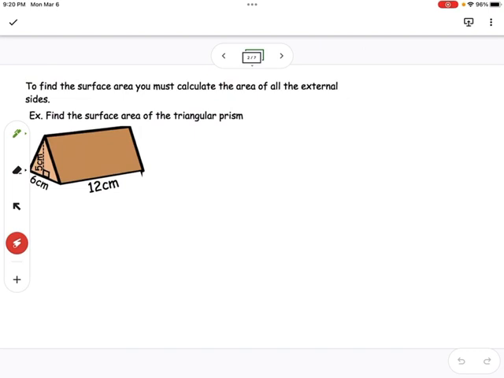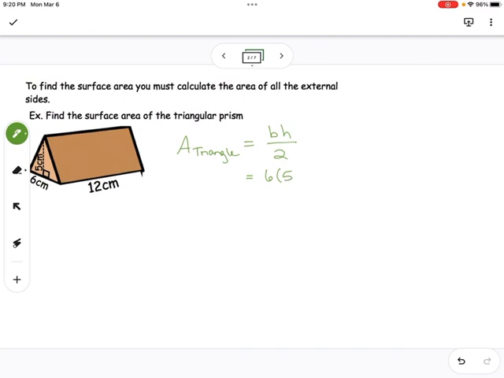Okay, so looking at our formulas, and having our different sides. So the triangles, so the area of the triangle is base times height divided by 2. The base of the triangle is 6.